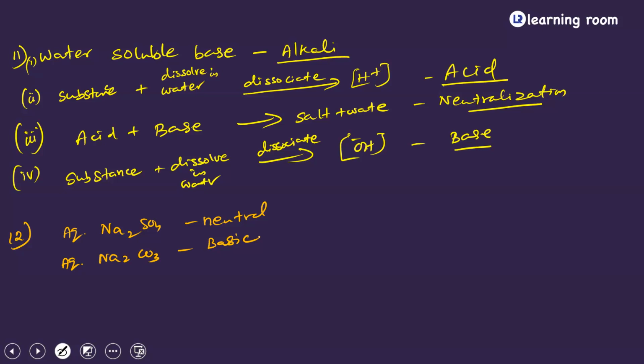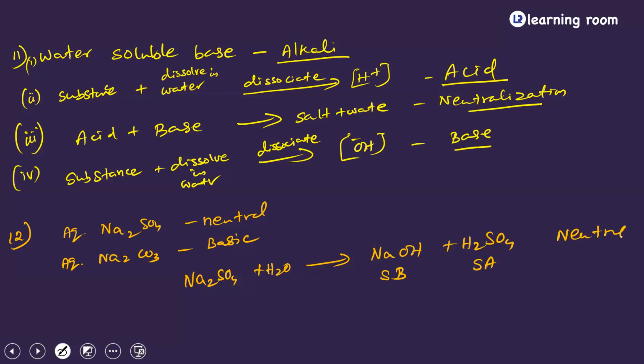So what we have to answer: when Na2SO4 is hydrolyzing, it will give sodium hydroxide plus H2SO4. It becomes strong base, it becomes strong acid, that's why it is neutral. The conditions we have said: strong base, strong acid, neutral.